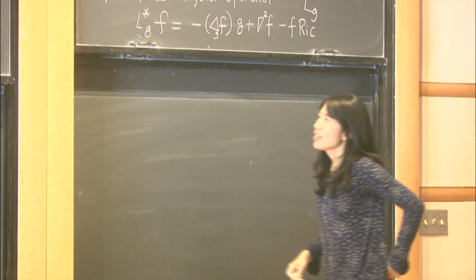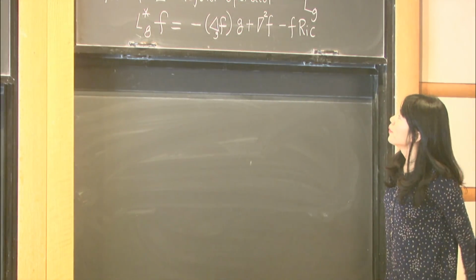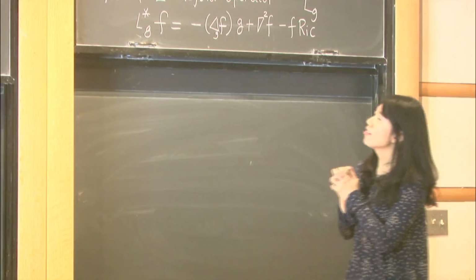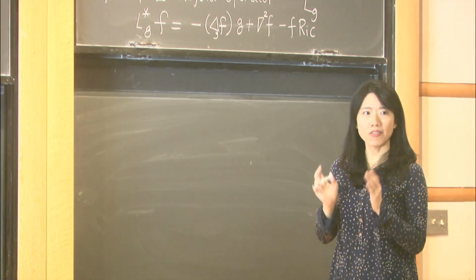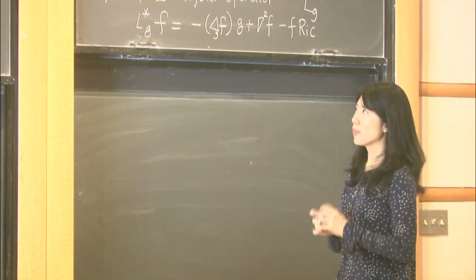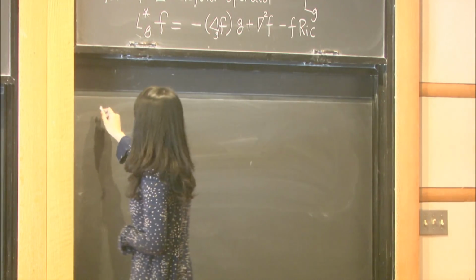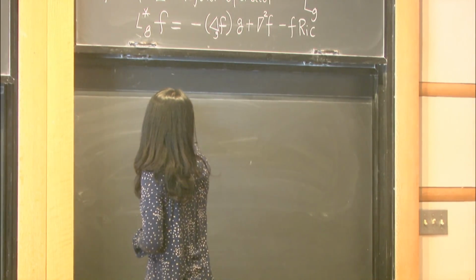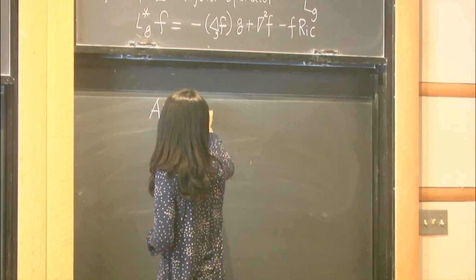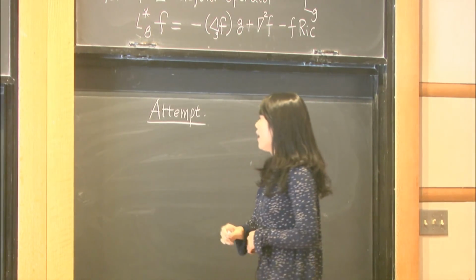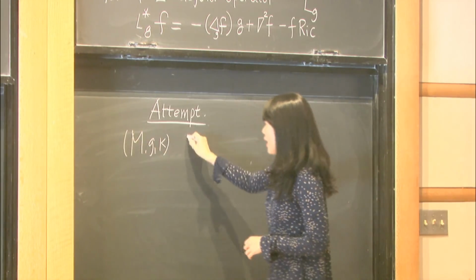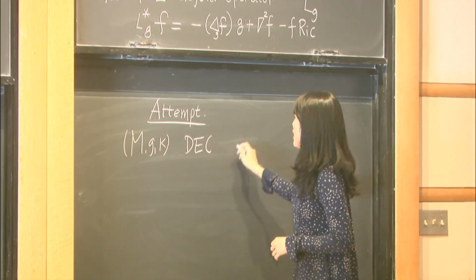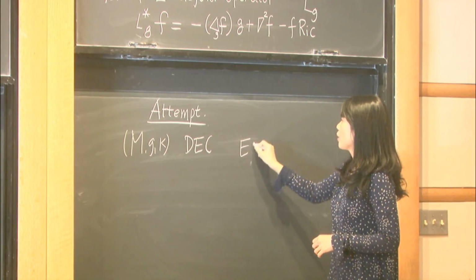All right. So if we follow the original proof of the Riemannian case, it seems to suggest the following approach to the space-time case. So let me write it as an attempt. We begin with an initial data set with the dominant energy condition, as well as the equality.